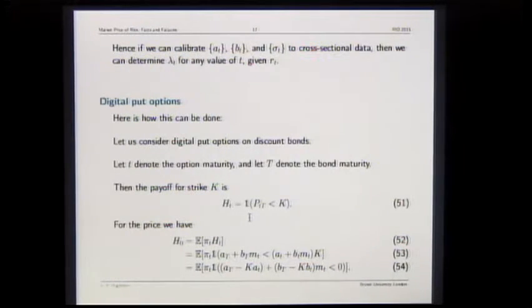So if we put that in the valuation formula, remember E again is the physical measure.